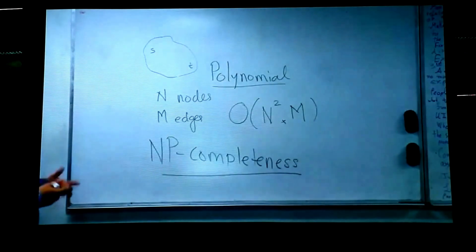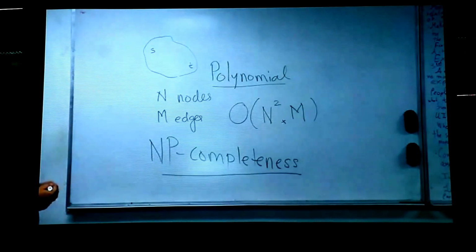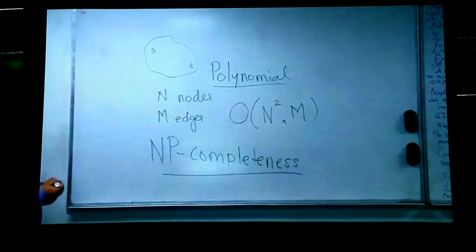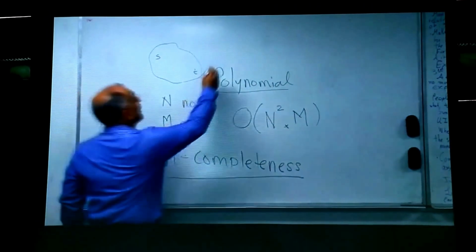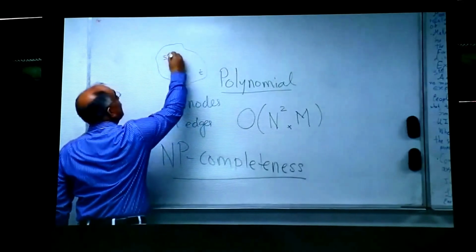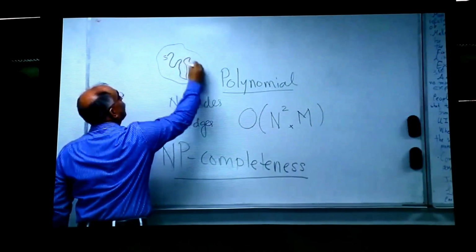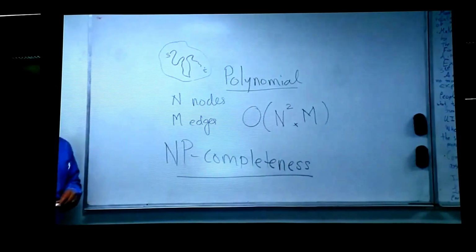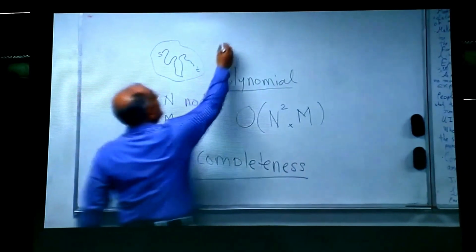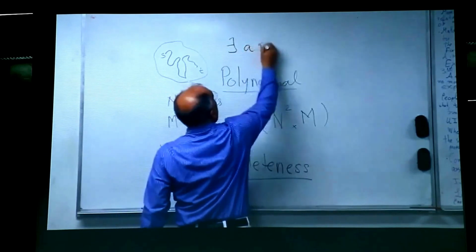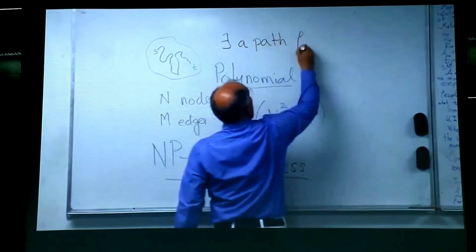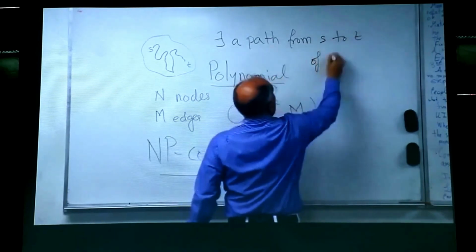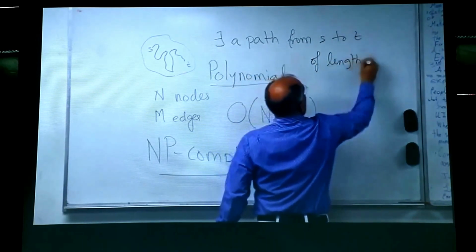So one simple question might be posed as follows. I have a graph with vertices S and T, and I ask you something like, does there exist a simple path from S to T whose length is at least some given value L, right?